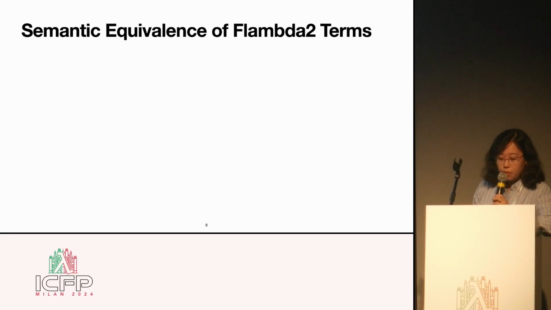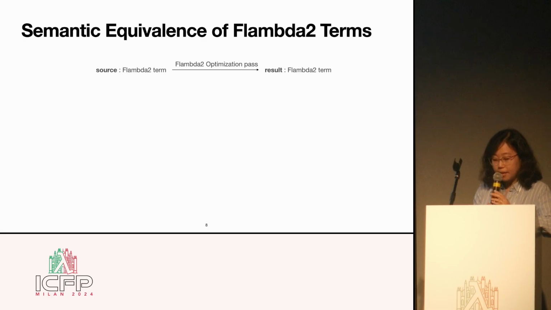So what we do at the high level is we do some semantic equivalence checking of Flambda terms. So this is the Flambda2 optimization pass. So the Flambda2 IR has a simplification pass which goes from the IR to the IR itself, and it does a simplification step which implements several optimizations at once, which I mentioned, such as match, function inlining, and CSE.